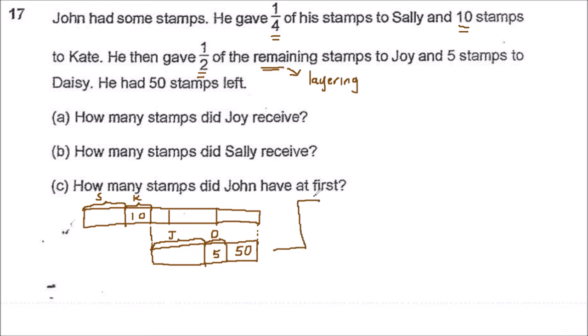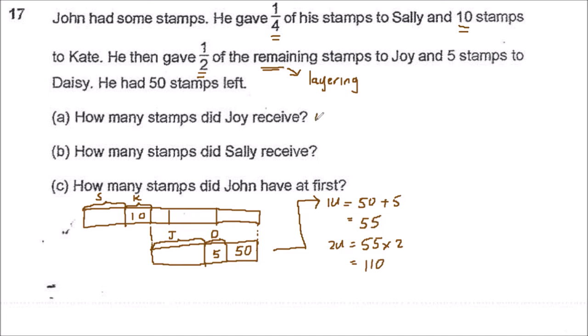If we work from the second layer, you can see that one unit of this is actually 50 plus 5, so I have 55. So 2 units will be 55 times 2. I have 110.